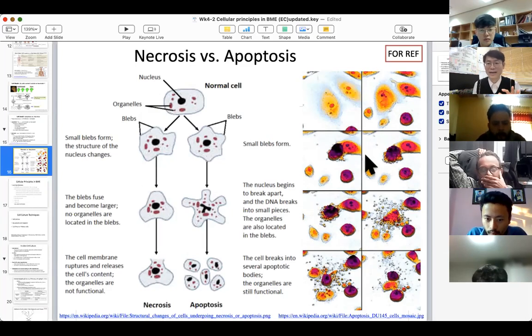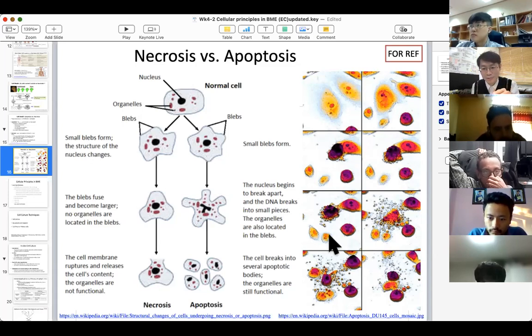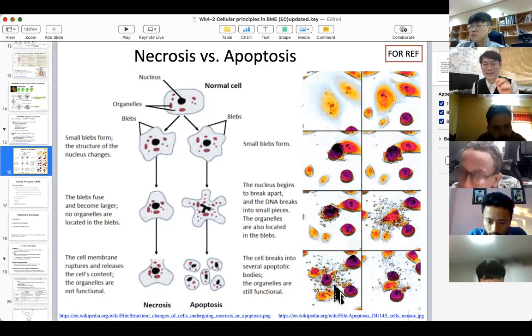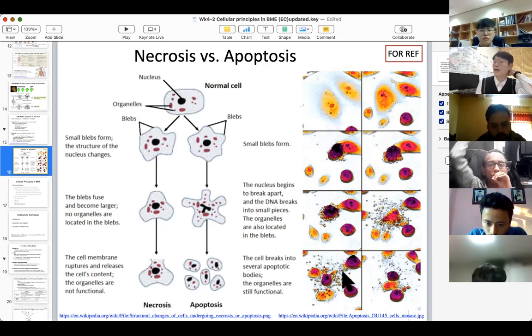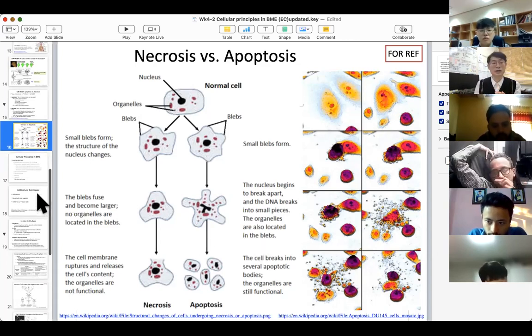So we observe live three-dimensional ways of how the cell dies. You can see the blebbing, and this apoptosis forming apoptotic bodies, as a movie. So the technology allows us to study this better.